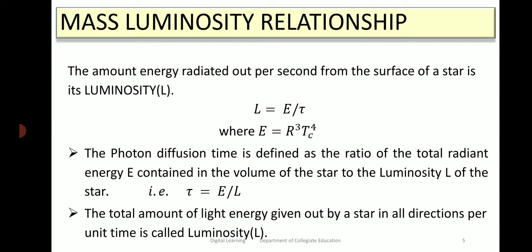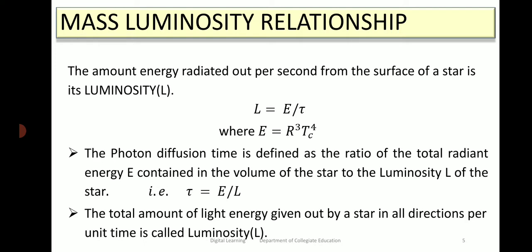The amount of energy put out per second from the surface of a star is its luminosity. The expression for luminosity of a star, L equals E by tau, where E is equal to R cube into Tc power 4.